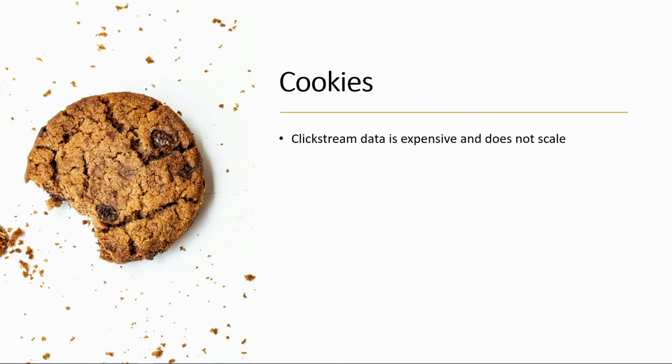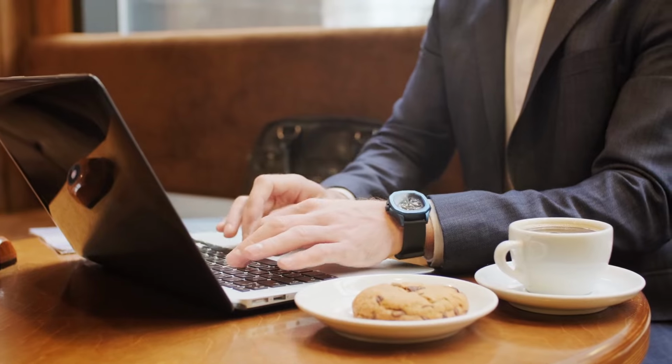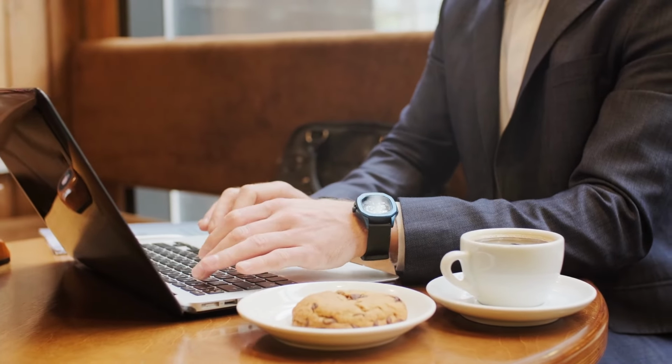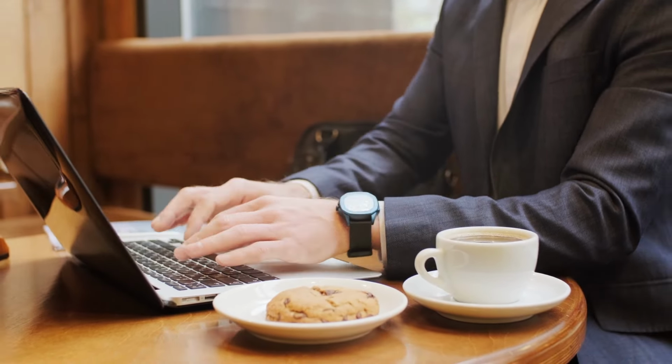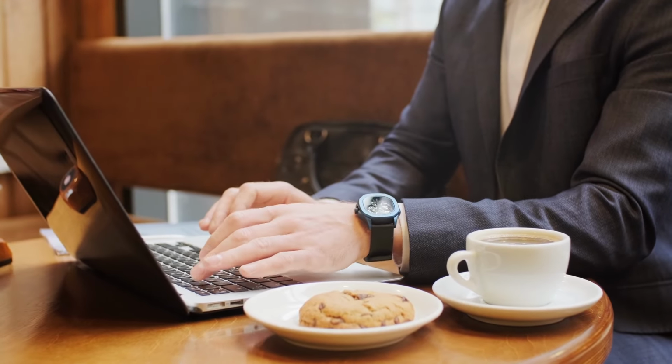Cookies is basically a small text file. It contains a piece of information that allows a website to record a person's comings and goings. So each time you visit a website, the website drops a cookie file on your computer. The next time you visit the website again, the website can access that cookie information again to know that you are a repeated visitor.